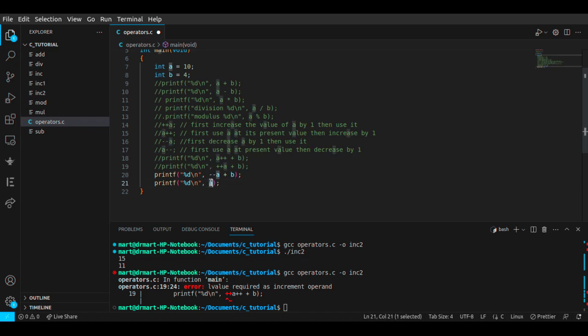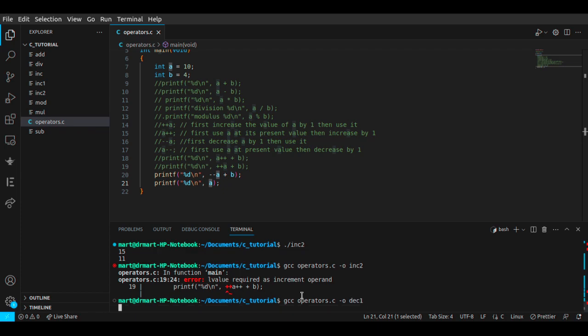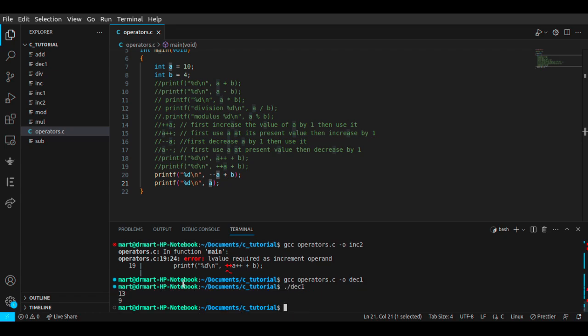So we expect that the value of a here would be 9. So let's run our code. Of course, we call this deq1. And then let's run deq1. Voila. So we get 13 and we get 9. Okay, so a was decremented before usage.